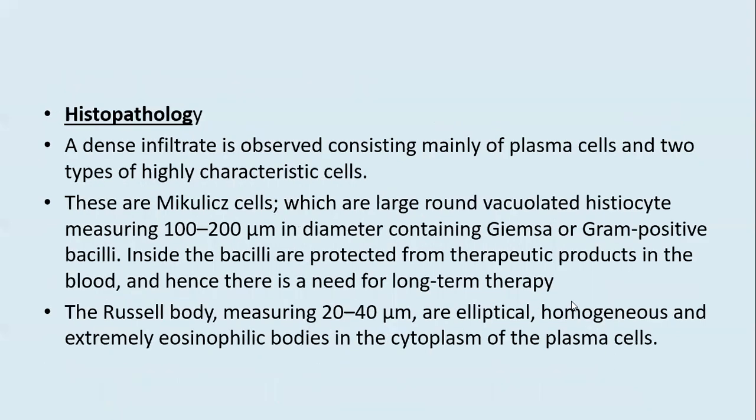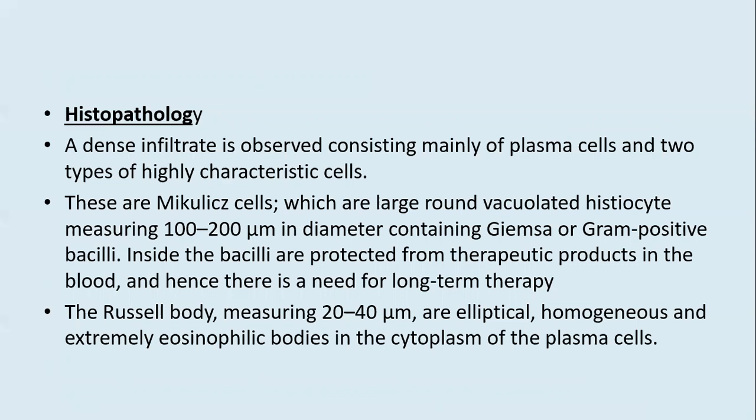Histopathology. There is a dense infiltration, consisting primarily of plasma cells and 2 types of highly characteristic cells. These are the Mikulicz cells, which are large, round, vacuolated histiocytes, measuring 100 to 200 micrometers in diameter, containing Giemsa or gram-positive bacilli inside the cell membrane.